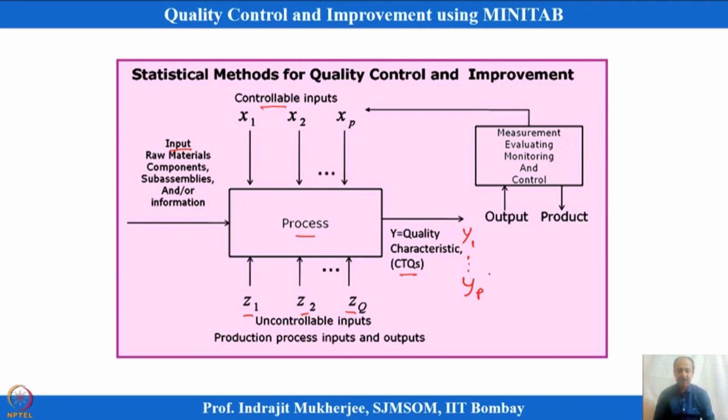We inspect all these P characteristics, measure and evaluate them, and see if they are okay, and then we continue the process. We do not need to change the setting conditions, the settings x1 to xp here. Since we have used p already, we can write it as n.